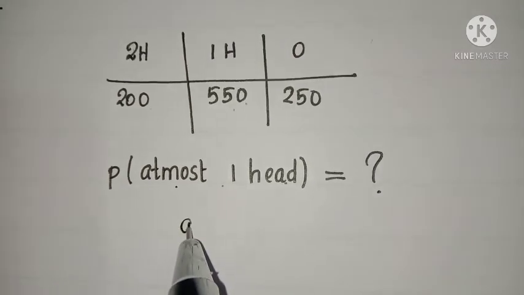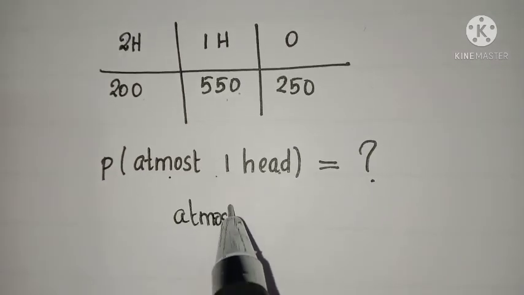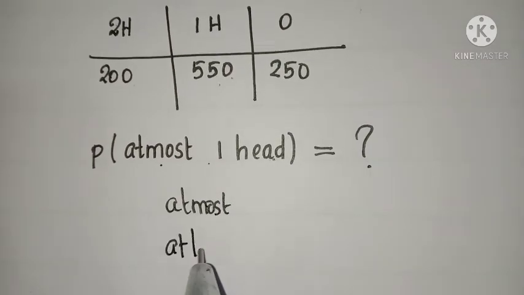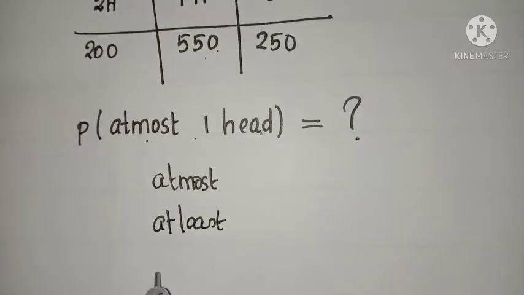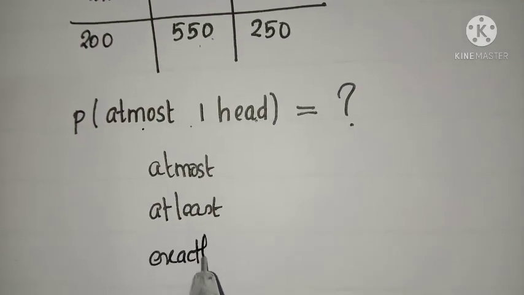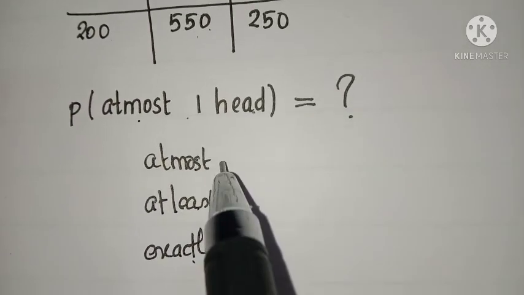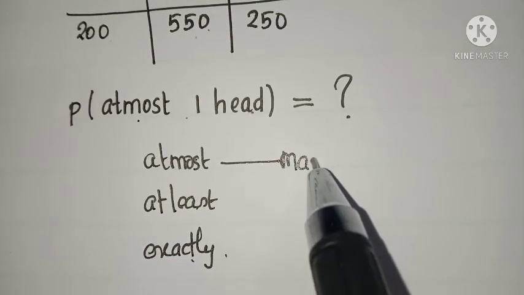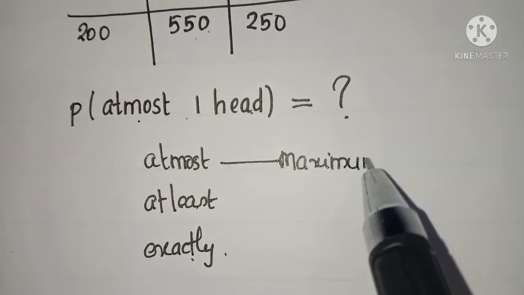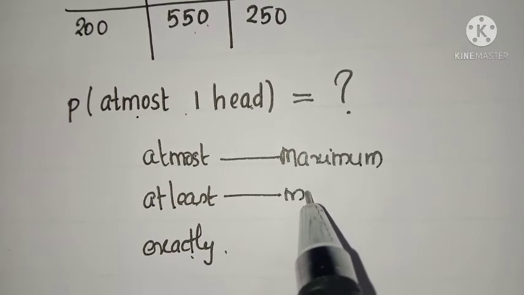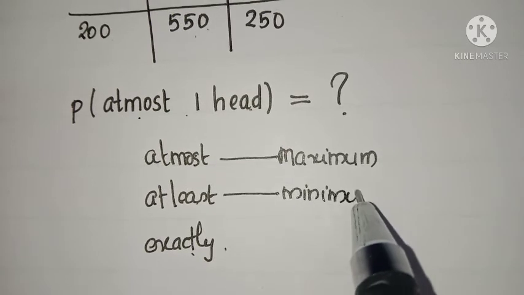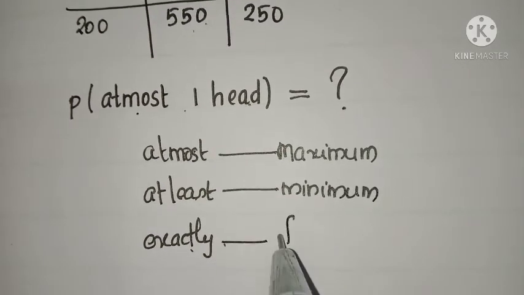Listen, the words at most, at least and exactly. These three words are important. Please note down: at most, at least, and exactly. At most means maximum. At least means minimum. And exactly means finite.